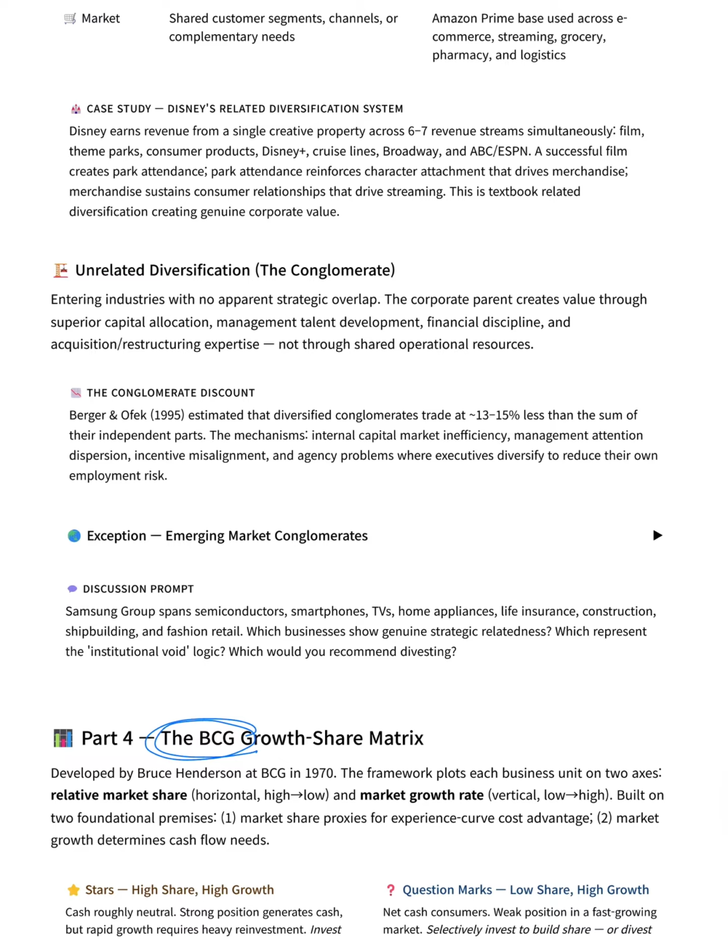By the late 1960s, almost 1970, a generation of diversified conglomerates had accumulated portfolios of businesses in dozens of industries with no systematic framework for allocating capital, setting performance expectations, or making divestiture decisions across such heterogeneous collections.